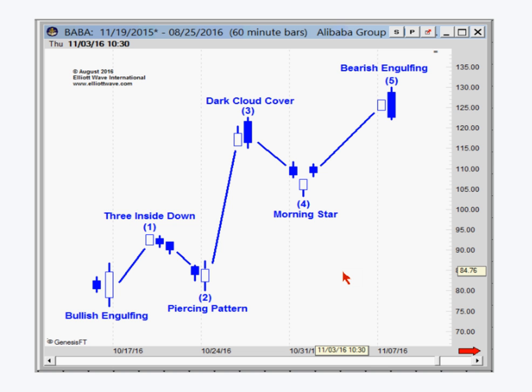In fact, I think these two disciplines, Elliott wave analysis and Japanese candlestick analysis, actually enhance one another, where I'm utilizing the wave principle to identify, for example, the larger context in a specific market.